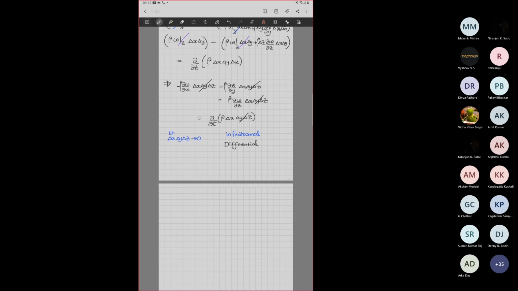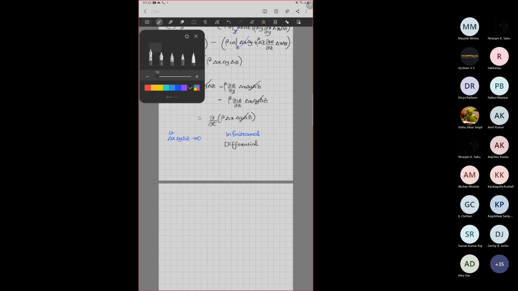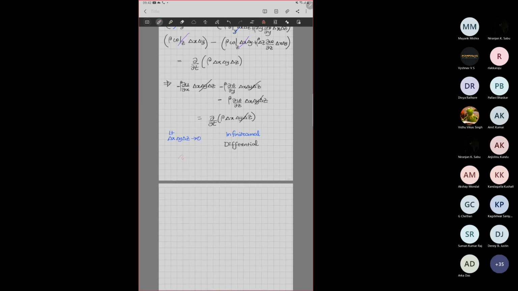But at this differential level, if I look at this limit, then naturally what I end up with is del rho by del t is equal to minus rho del u by del x minus rho del v by del y minus rho del w by del z.